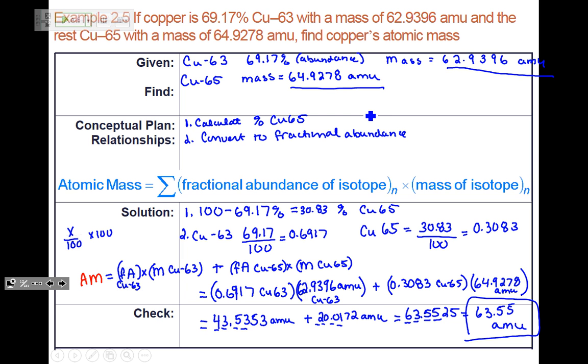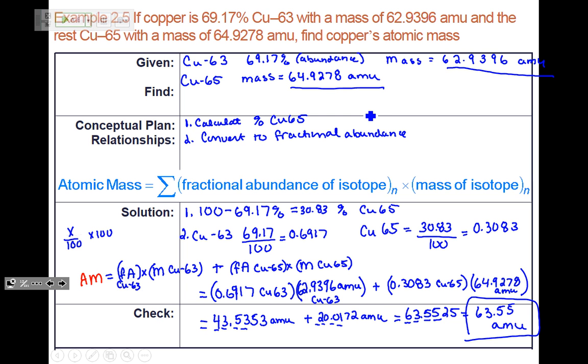So fairly straightforward. And also, notice that we know that our abundance is more to our copper 63 because we have a higher percent of copper 63. So it makes sense that our atomic mass that's calculated is closer to 63 than 65.